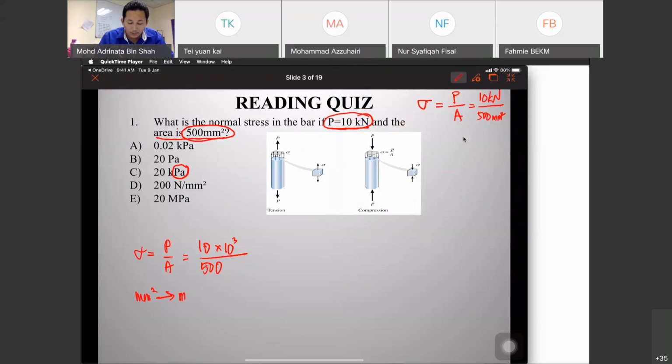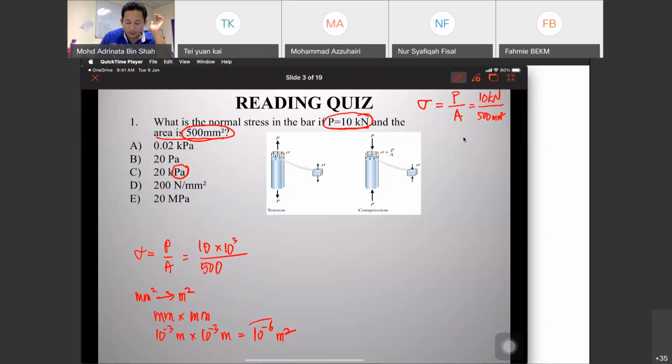So a millimeter is 10 to the power of negative 3 meter, times 10 to the power of negative 3 meter. So we get 10 to the power of negative 6 meter square.